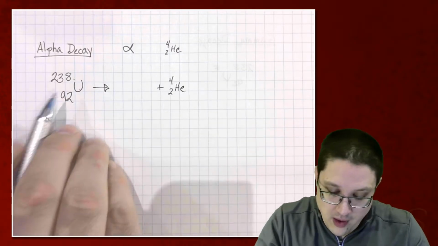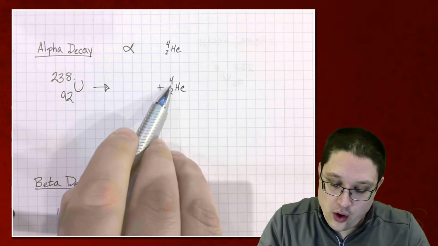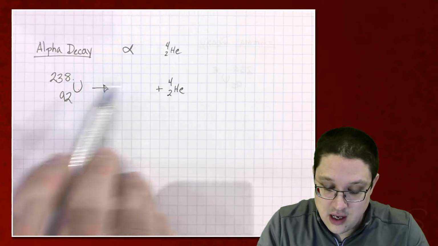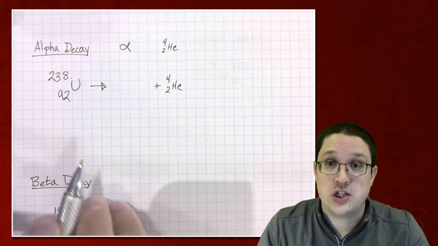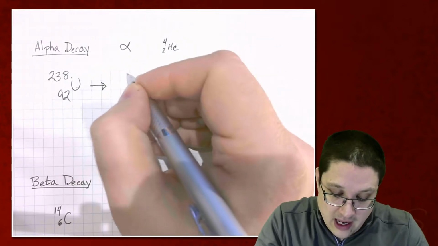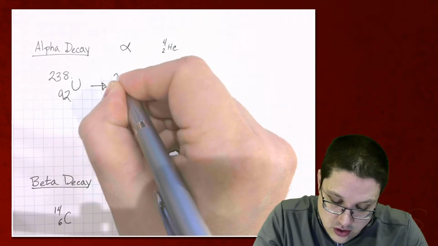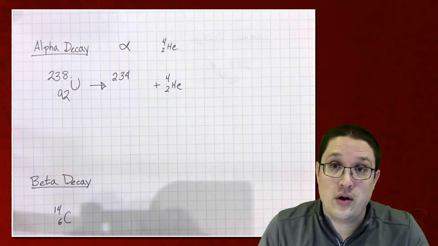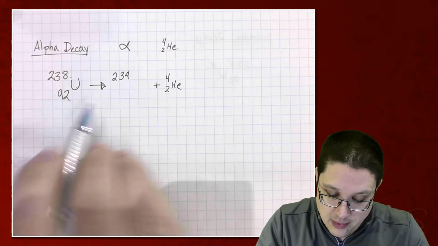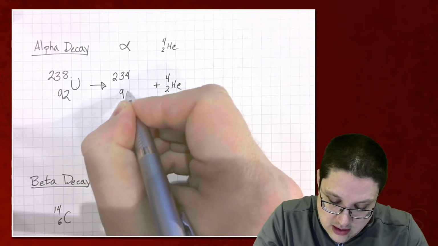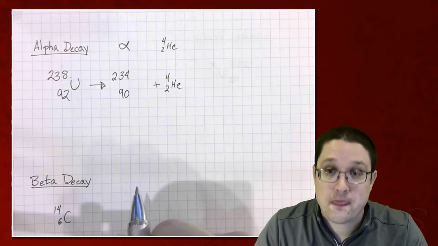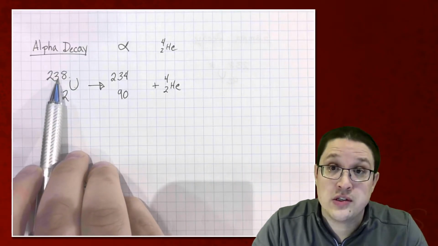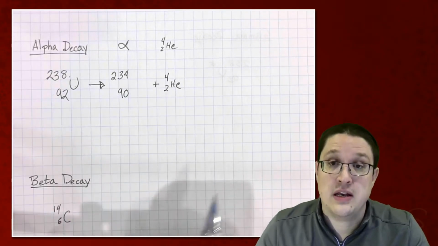So, if I emit 4 nucleons, 2 neutrons and 2 protons, these numbers need to change accordingly. So I'm going to have 234 here, and 92 minus 2 is 90. So I have 234 plus 4 equals 238, 90 plus 2 equals 92.